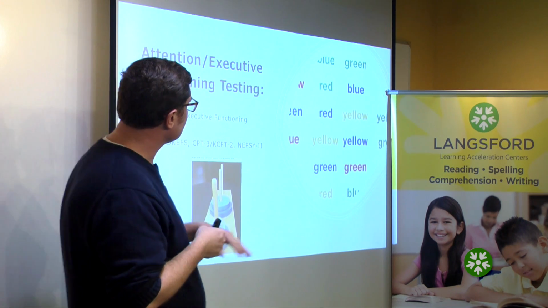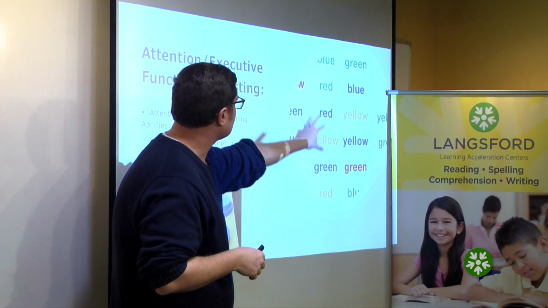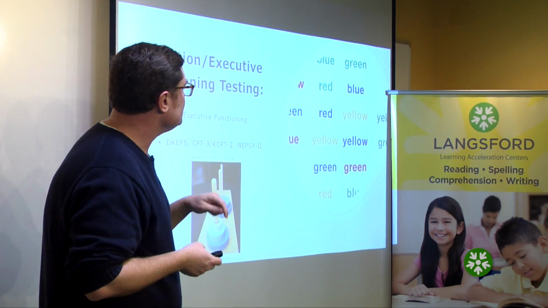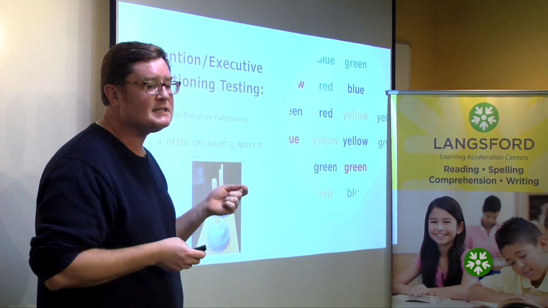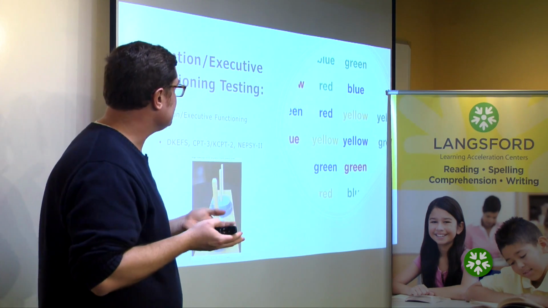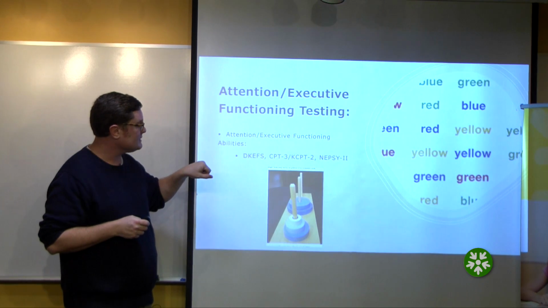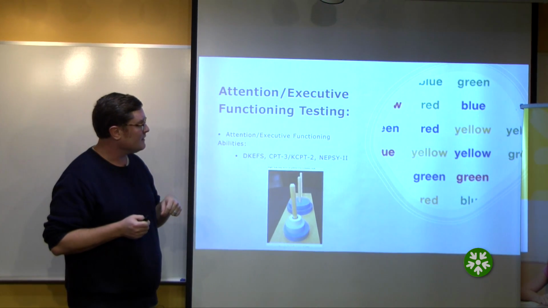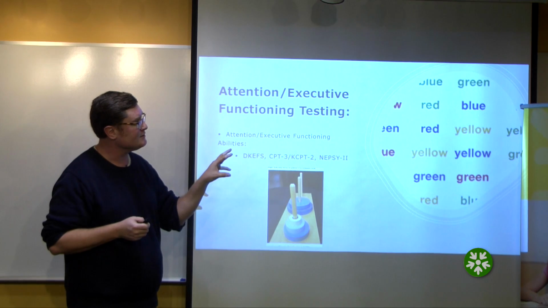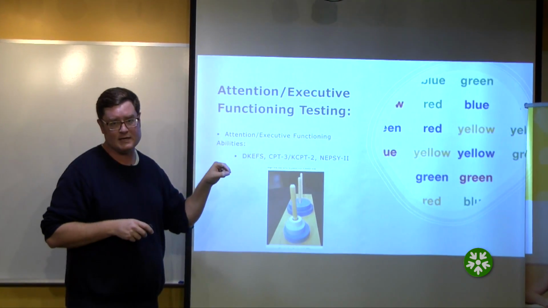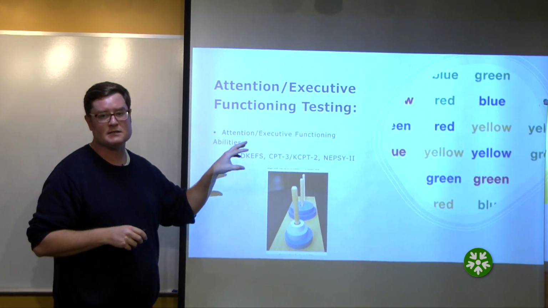This test here on the right, in the circle, I'm sure a lot of you have seen before. It is known as the Stroop Task, or it's part of the D-KEFS test of executive functioning. The child is required to say the color of the ink, which is a harder task than reading the word.